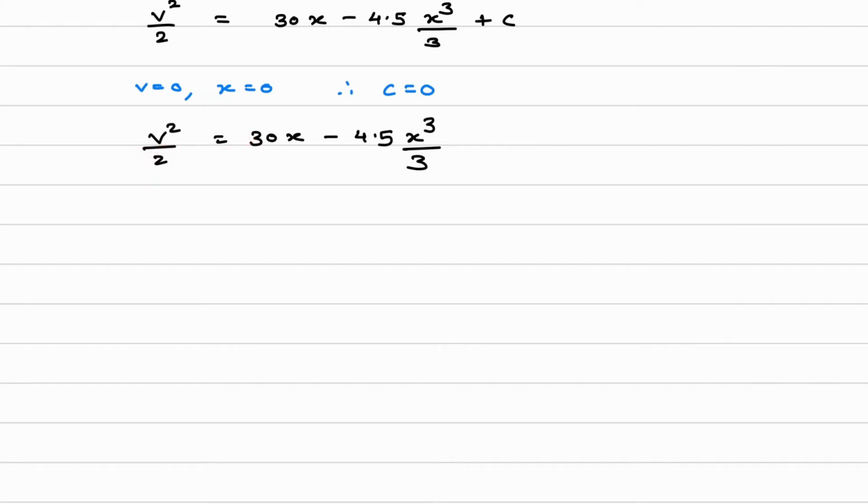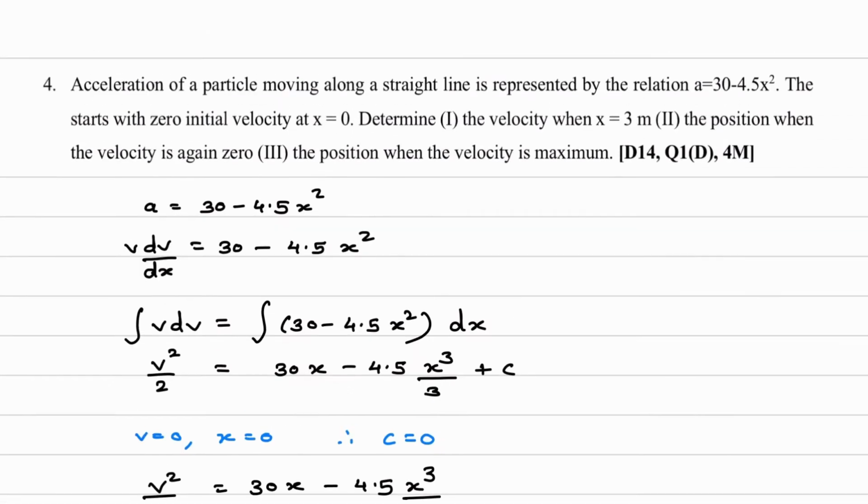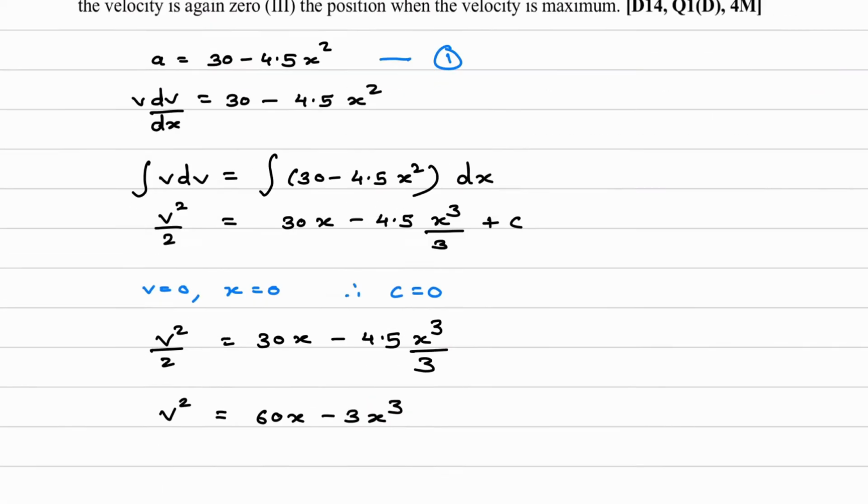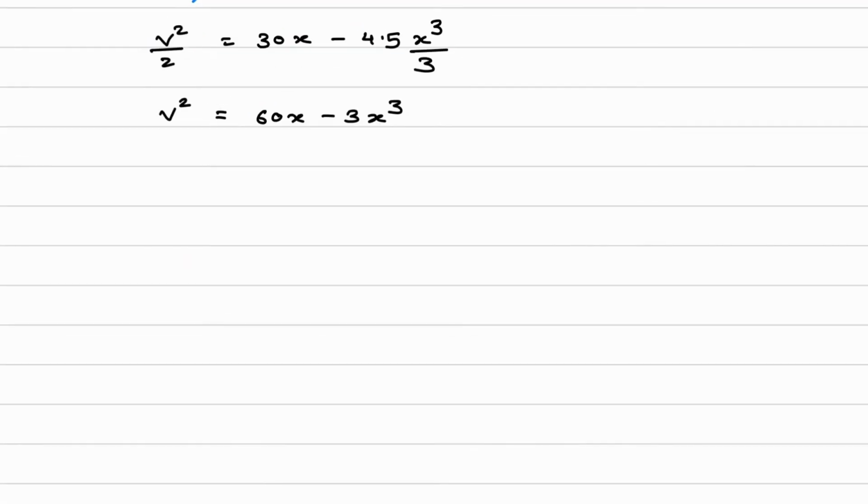So we'll get the main equation of velocity: v² is equal to 60x minus 3x³. Suppose this given relation is equation 1, and whatever we have derived now is equation 2.